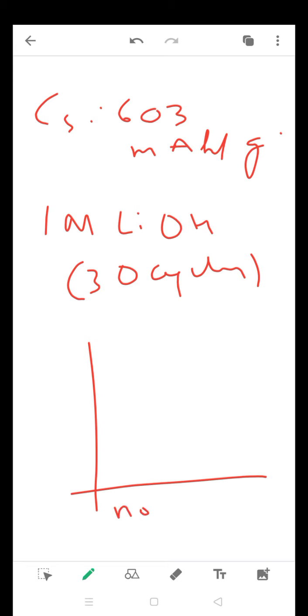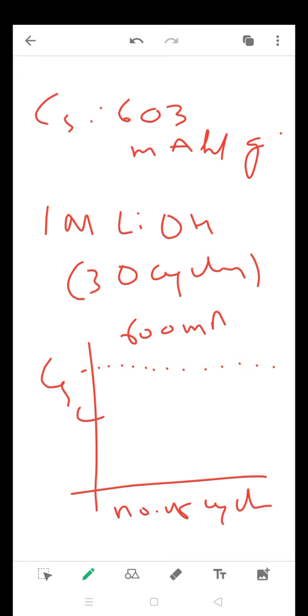So the number of cycles was plotted, and this is the CV. So it was quite stable, around 600 mAh/g. Okay, so this was showing a much better performance than the previous counterparts made of cobalt.